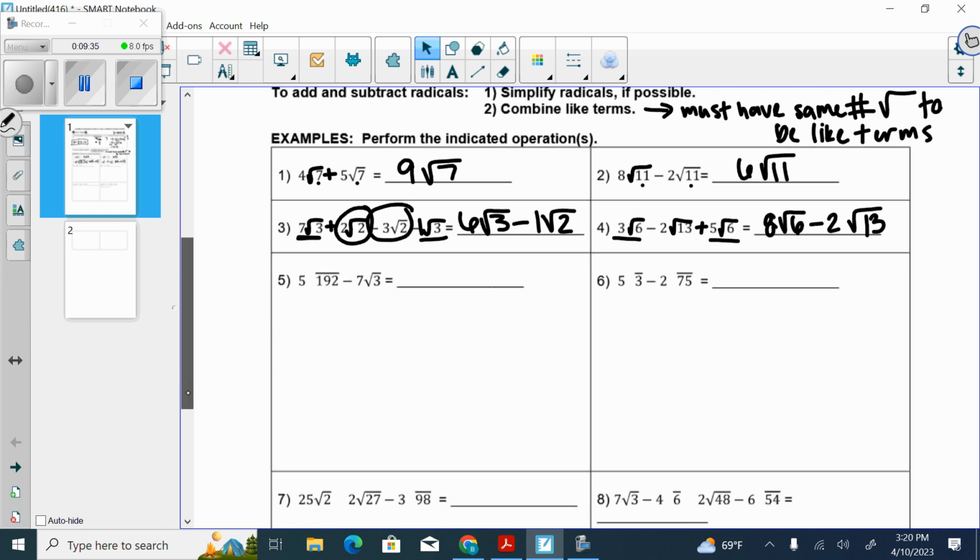Let's look at number 5. All right, so on number 5, we have 5 square root of 192 minus 7 square root of 3. So 192 is pretty big, so we probably can simplify that, right? So let's try and break down that 192. So what's something that multiplies to give us 192?